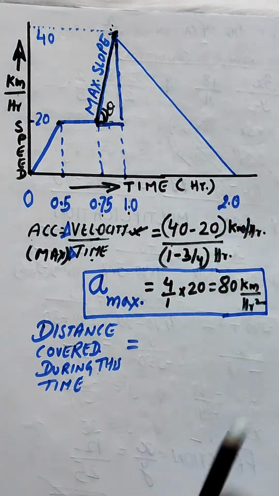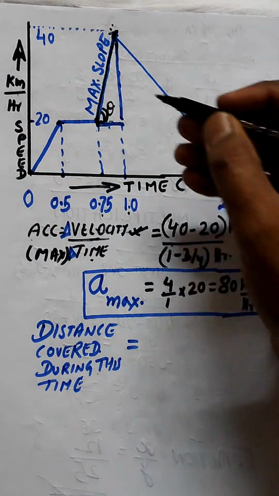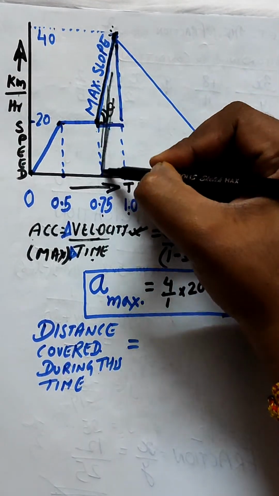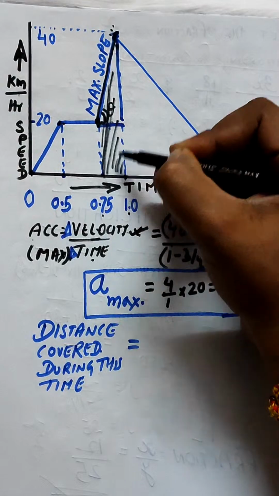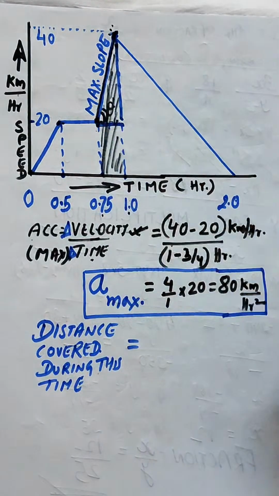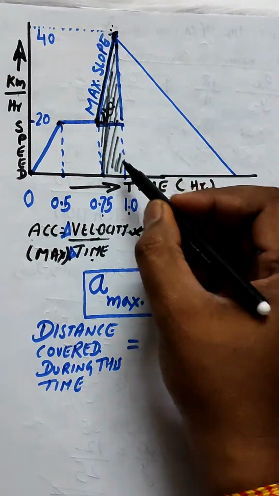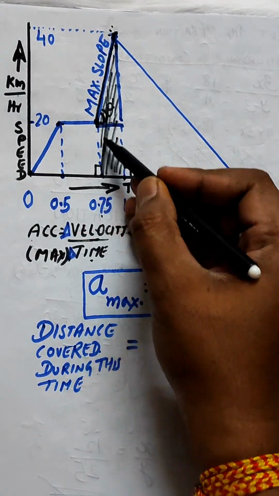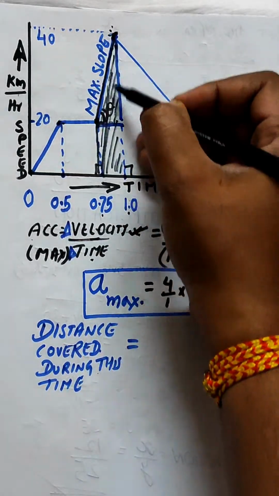So this will be the area. I am trying to highlight it here. This will be the area, right? Here you can see these are two parallel lines because both of these are at 90 degree, right? This line and this line are parallel.